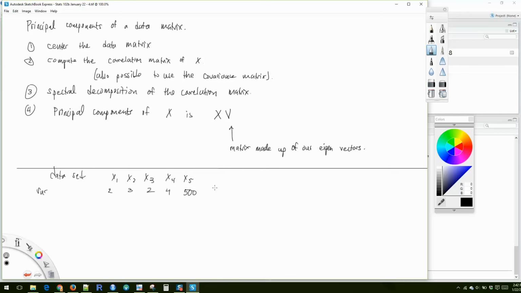And we use the covariance matrix, and then perform principal component analysis here.